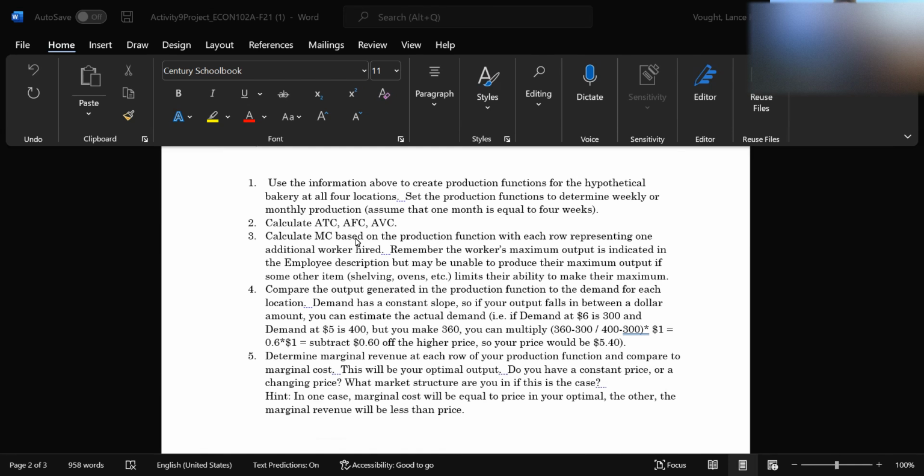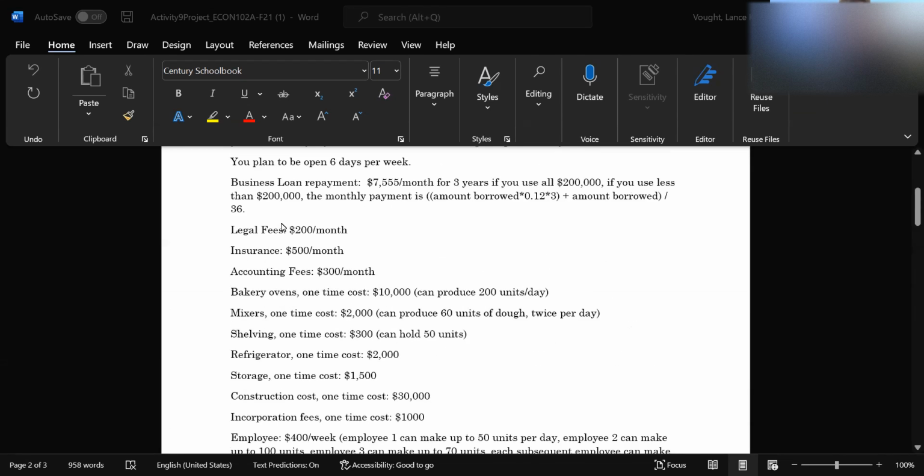That's our profit maximizing. We can compare the price based on the demand curve that I've given you at each location to the actual average total cost that's in my file, and then I can see if they're making money or not. So that's basically what the process is for this. The tricky part is knowing what goes where.